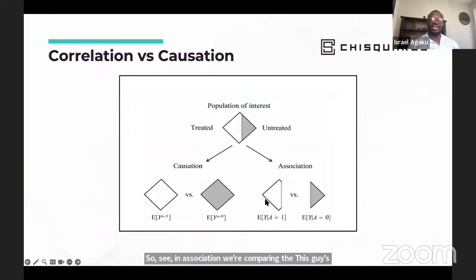We're saying the people who were exposed compared to those who were not exposed. This is what we do in associations. For causation, we are saying if everybody had been exposed versus if nobody had been exposed, this would have been the difference. So you have to understand this figure, this output, to understand the difference in how we interpret associations versus causation.